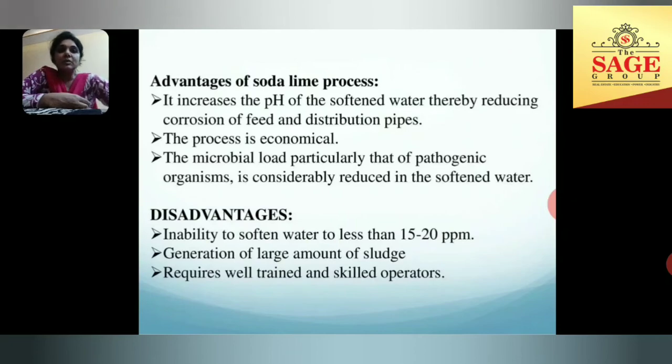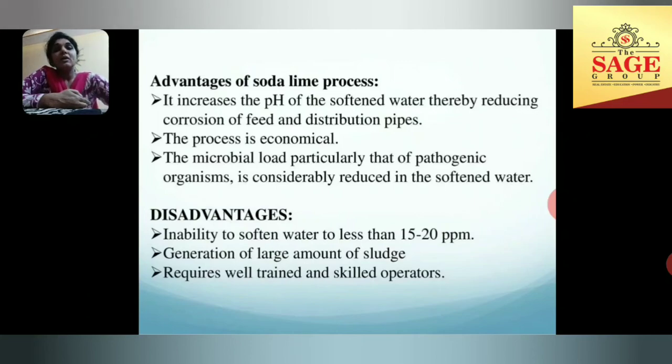Now let us come to the disadvantages. We could not say that this method is the best method, because after the completion of this method, some hardness is still left. This process leaves a residual hardness of about 15 to 20 ppm. So we could not use this type of softened water in high pressure boilers.